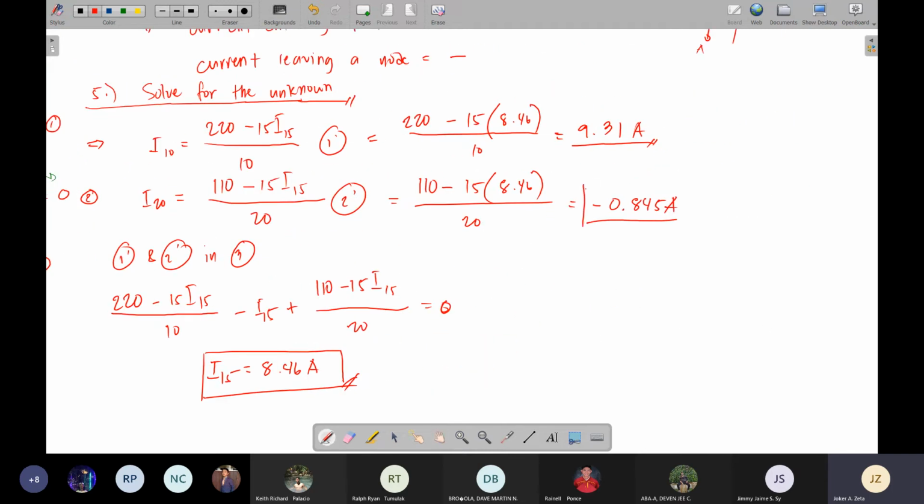So now you have your answer. This is your I20 and this is your I10. Sir, there is a negative.